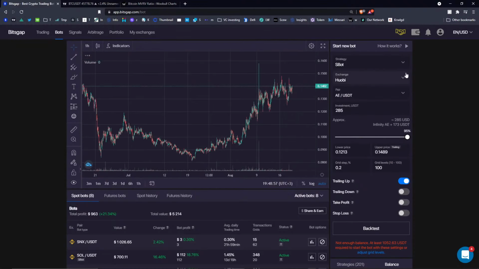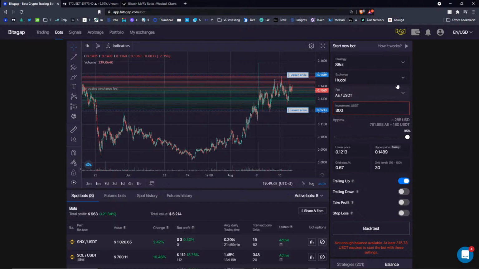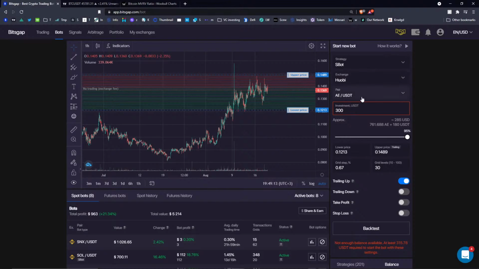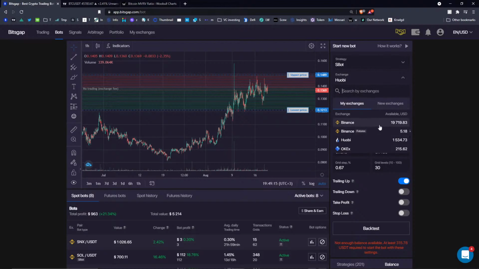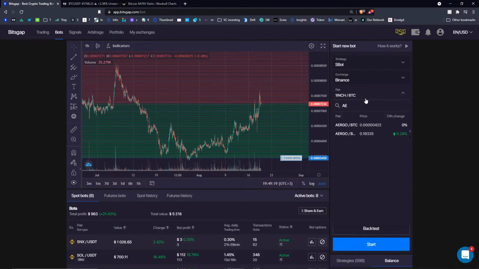Yeah, to USDT. And let's say I want to allocate 300 USDT, and in order to do that, the maximum amount of grid levels I can have is 30. Okay, but what about ADA? I hope we have it on Binance. Let's check. Oh no, we don't have it.